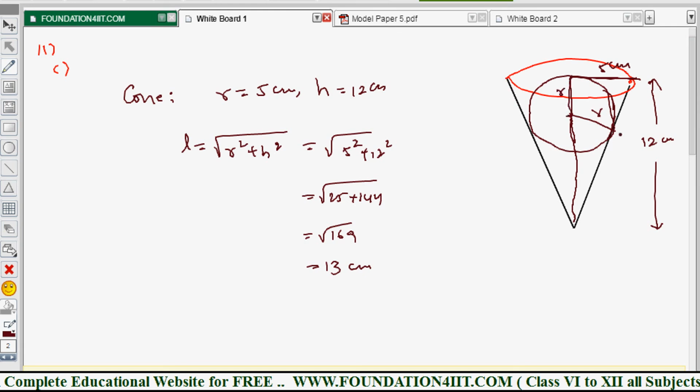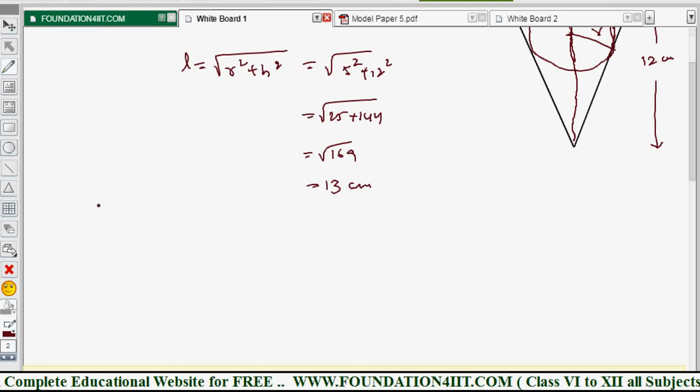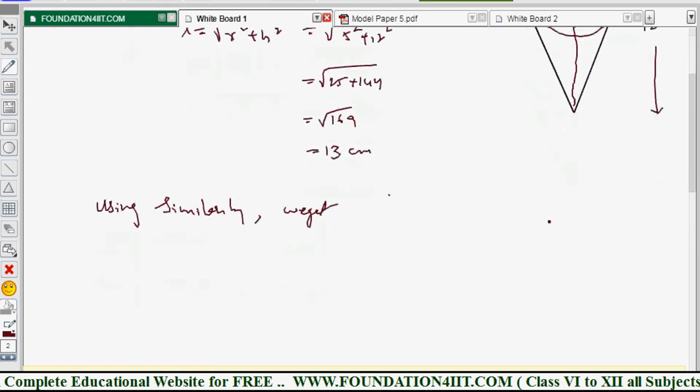Now you need to apply the similarity property here. So you should use the similarity concept. I will draw a diagram here to understand clearly.